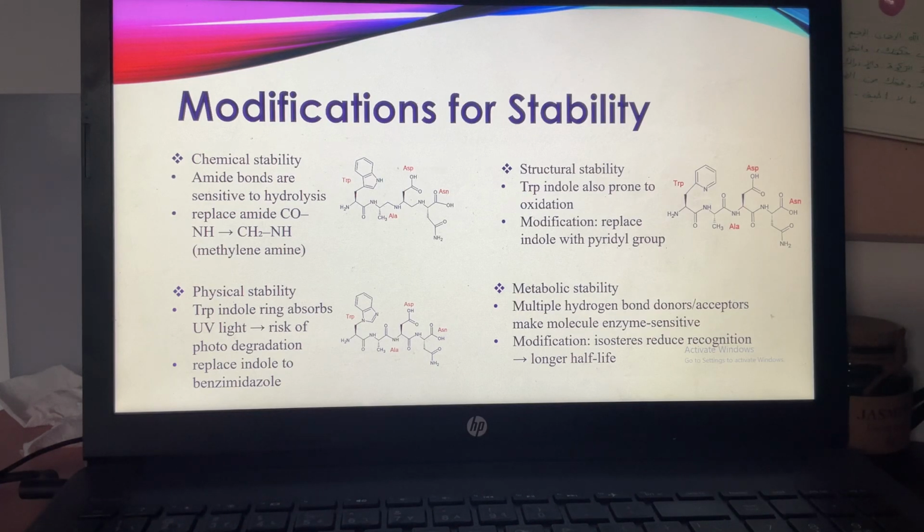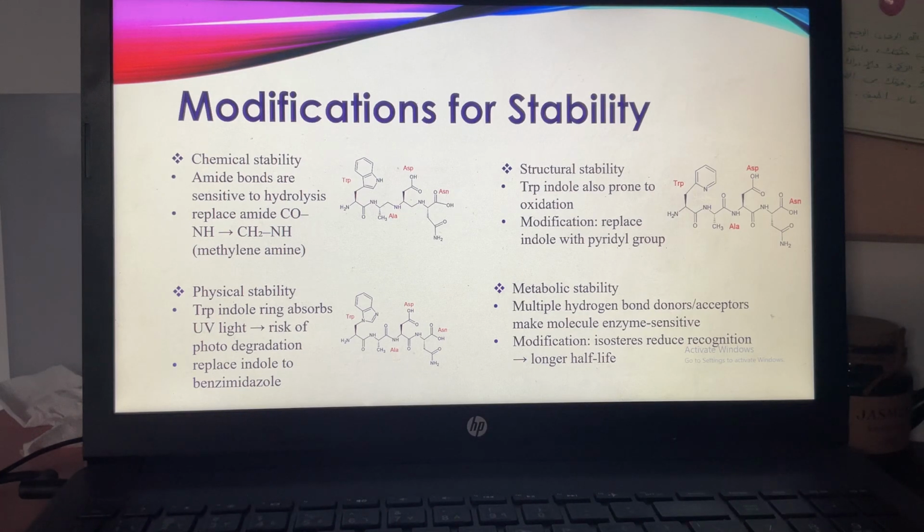So we need to do modifications for stability so that the drug will be more stable. First, we can replace the amide with a methylamine to make it strong against hydrolysis. Or we can replace the TRP indole with benzimidazole.